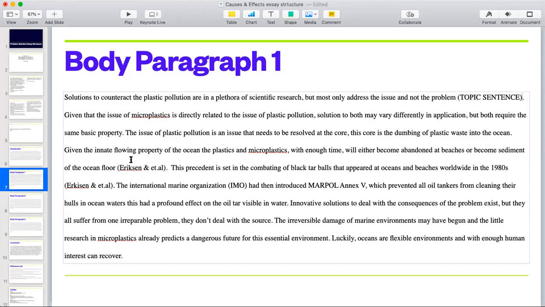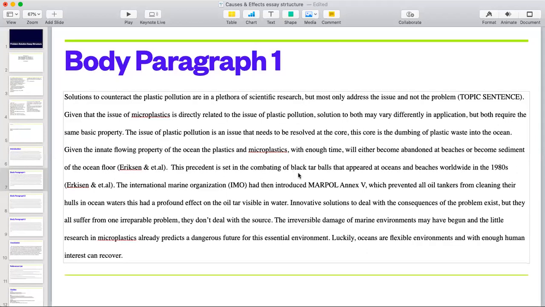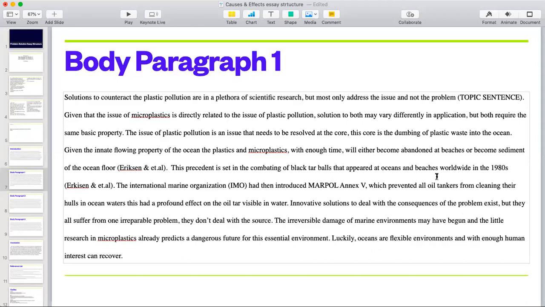Given the innate flowing property of the ocean and the microplastics, with enough time, will either become abandoned at beaches or become sediment of the ocean floor. This percent is set in the combating, of course he's using a paraphrasing tool, of black tar boats that appears at oceans and beaches worldwide in the 90s.